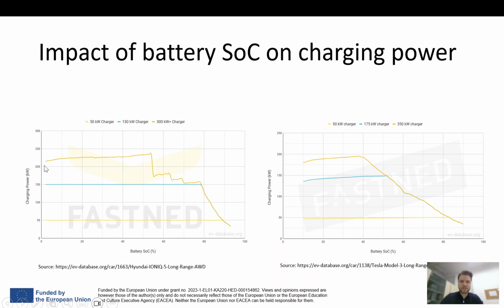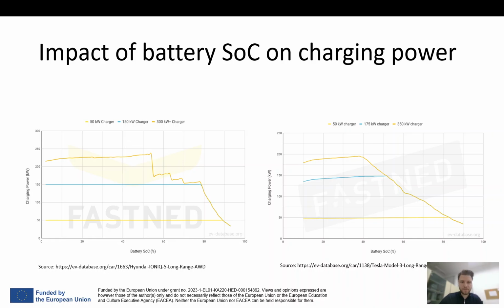We see graphs with various colors. The yellow representing 50 kilowatt charger, the blue representing 150 kilowatt charger, and the orange representing 300 plus kilowatts. So these graphs show DC charging essentially. This is the charging profile of the electric vehicles for DC charging.